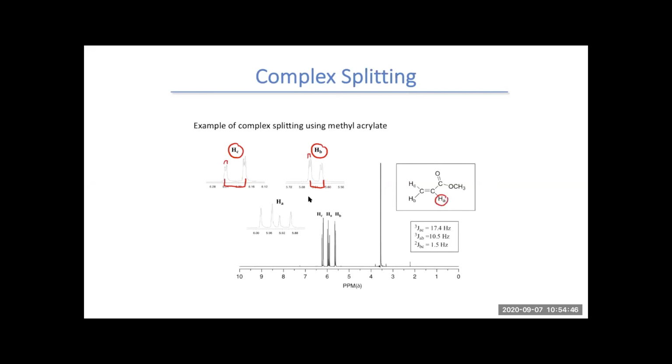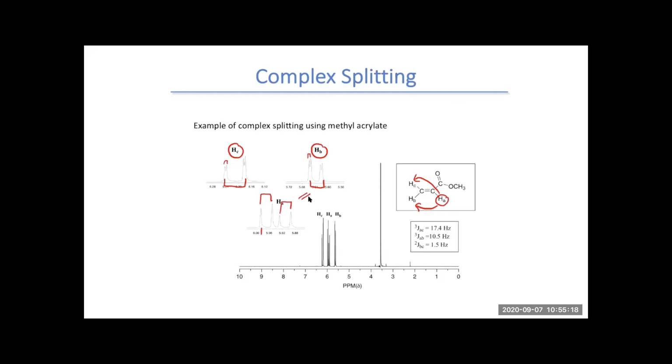And then finally, looking at HA, we can see HA is cis to HB and trans to HC. So it's going to have a cis coupling constant and a trans coupling constant. So we can see that in our peaks here. The cis coupling constant is the smaller one on the inside there. And you can see that's about the same distance as we see in HB.